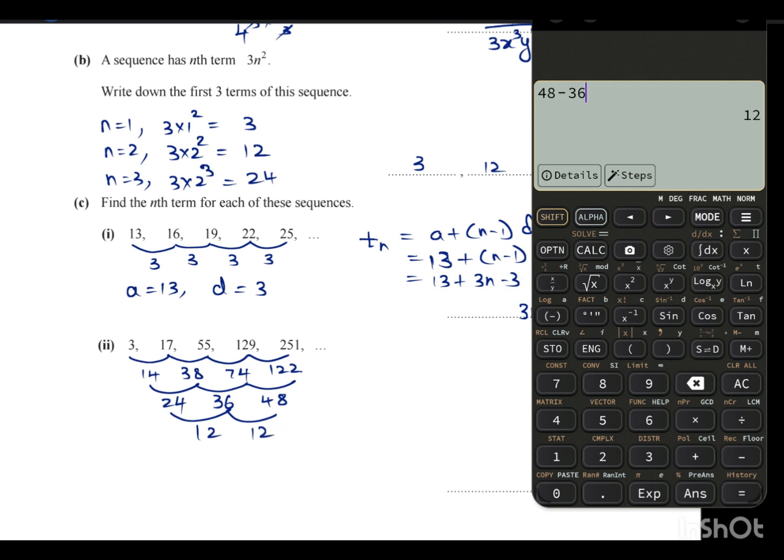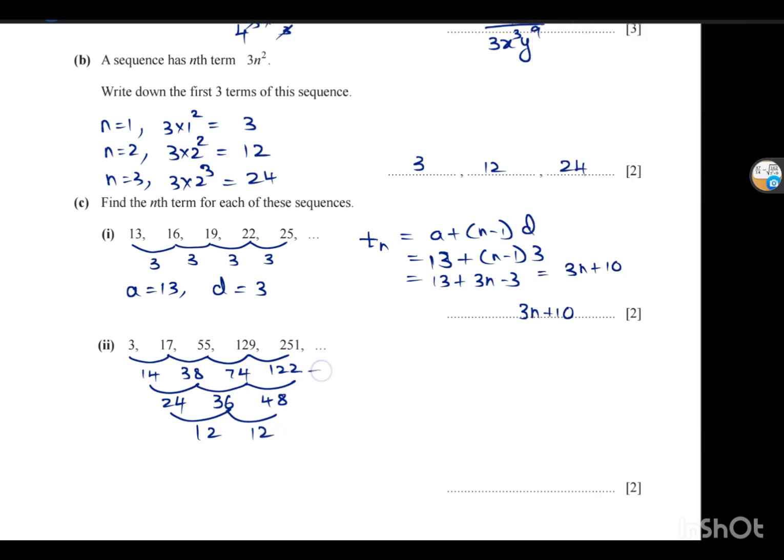So after doing it 3 times, after finding first, second and third differences, we got the same difference. That means this is a cubic progression. That means you will be having cubic terms here. So our general form will be an cube plus bn square plus cn plus d. Now we will take n is equal to 1.